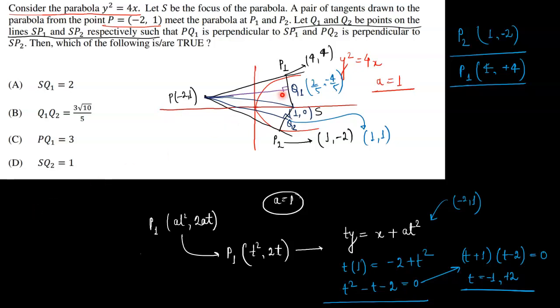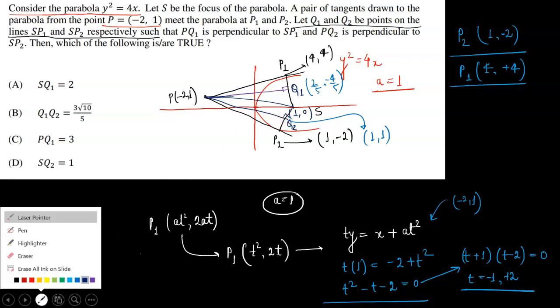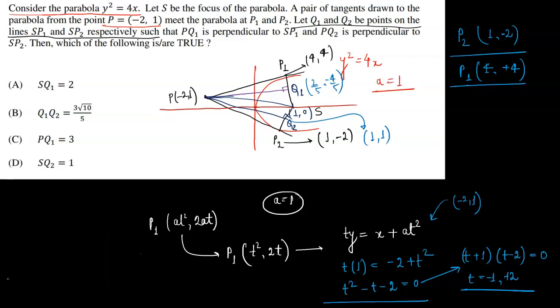You can see that angle PQS2 is 90 degrees, and similarly this angle is also 90 degrees. This side is common. Fine. So let us check whether SQ1 and SQ2 are equal or not. If they are equal, then the triangles are congruent.